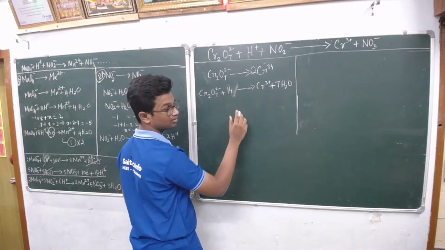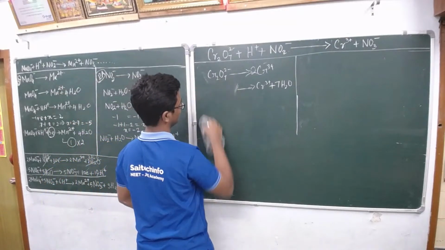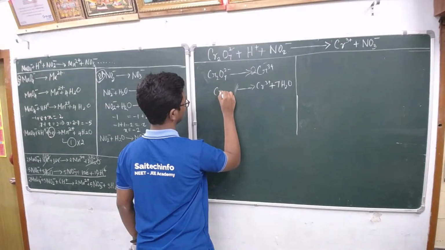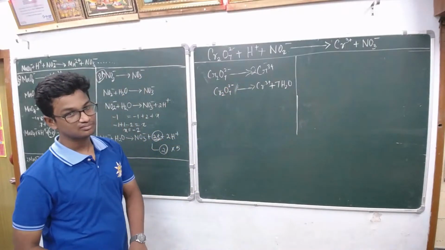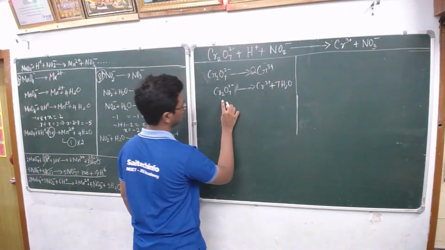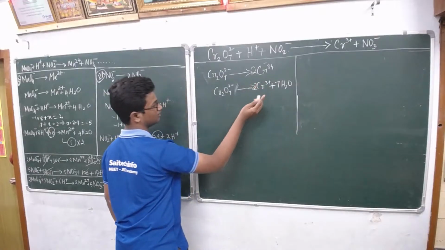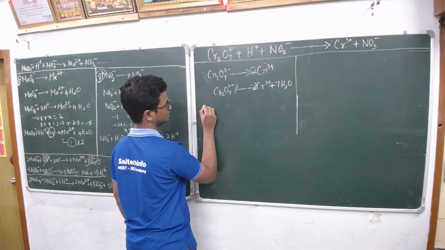No, you should not write like this. Show this as steps. See, when I teach you something, you strictly follow my instruction. 2Cr3 plus. And then we are adding 14H plus here.